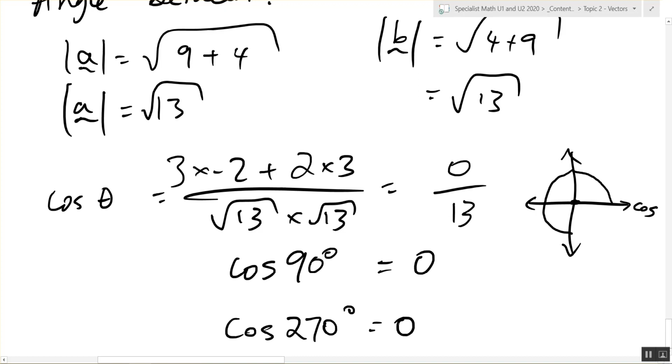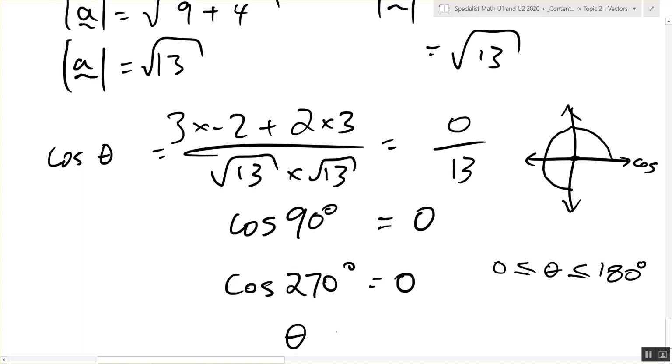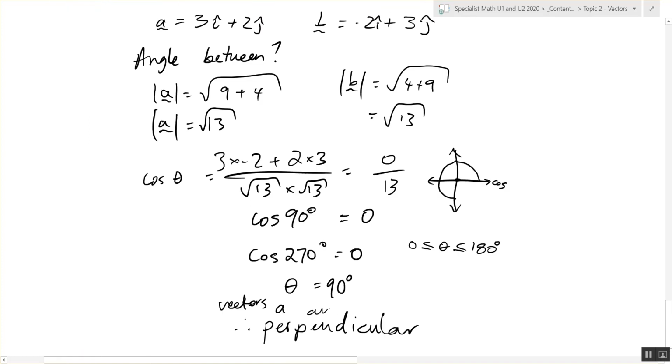Usually the question will say, what's the angle between? You don't know what radians are yet. So you would say the angle is 90, perpendicular.